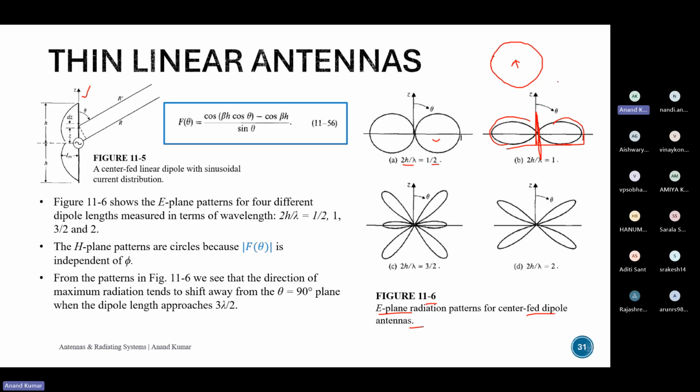So this looks like a donut, or in the Indian context, it looks like a vada. And this is a flatter vada. Now if it becomes 3 by 2 lambda distance, this looks like two cones, if you can imagine.